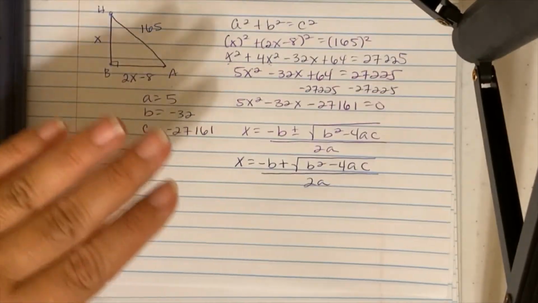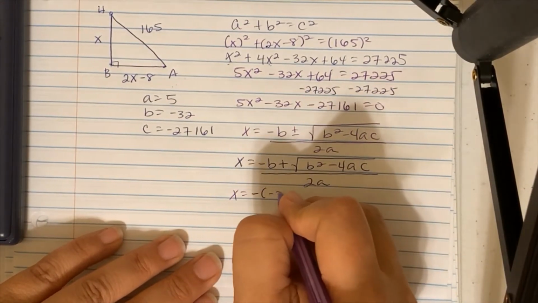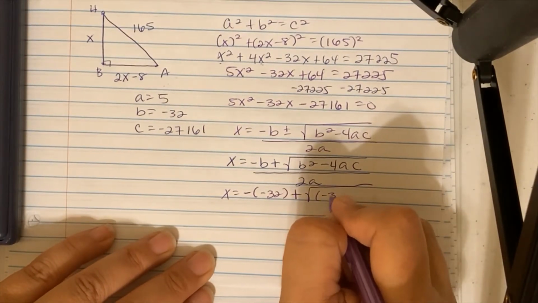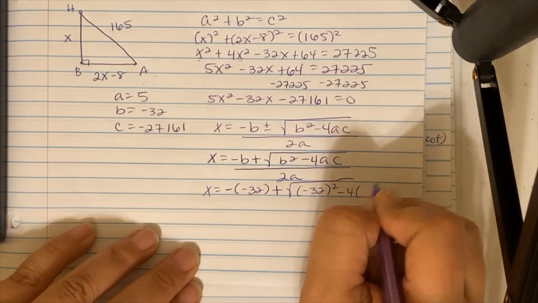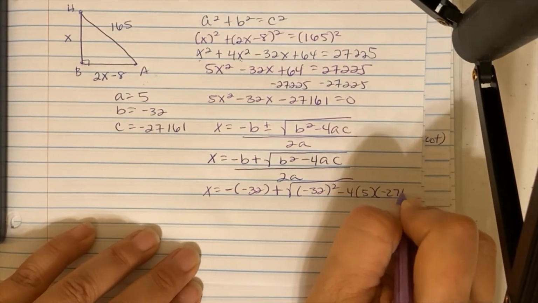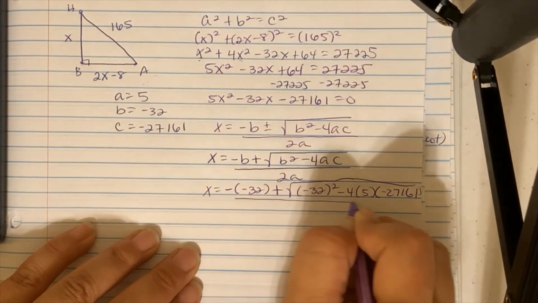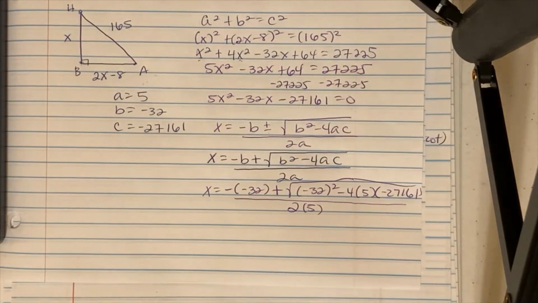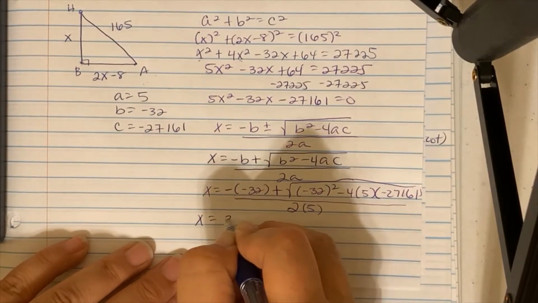And now we're going to substitute. So we have x equals negative, the b value is negative 32, negative 32 squared minus 4 times 5 times your negative 27,161, all divided by 2 times your 5. So negative and negative makes it positive 32.